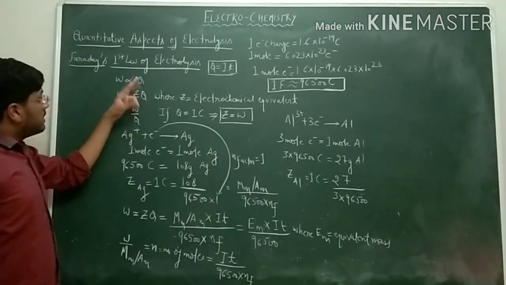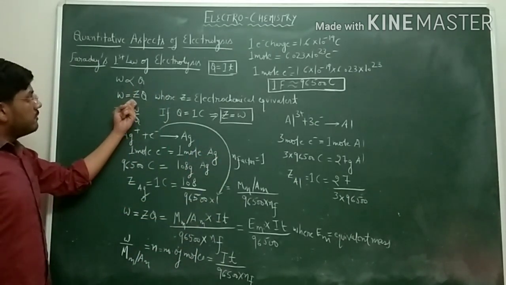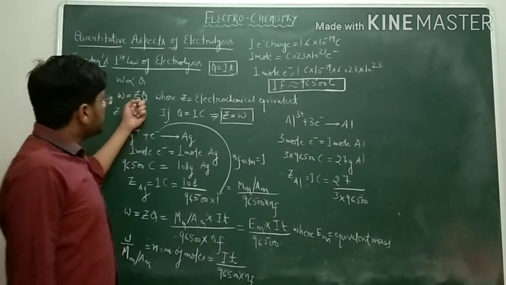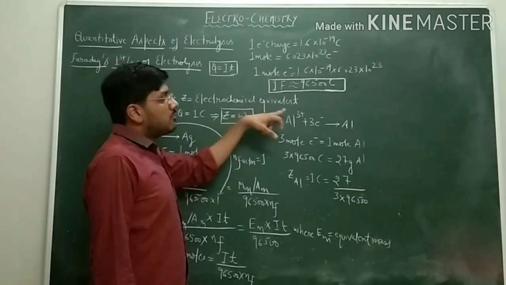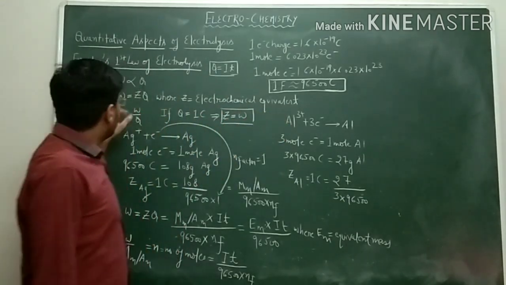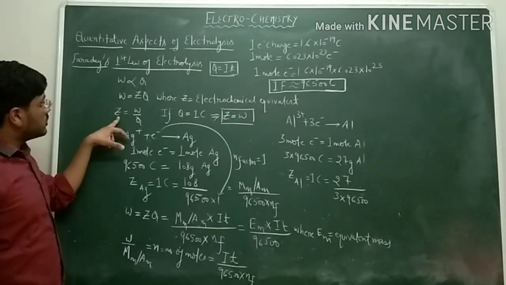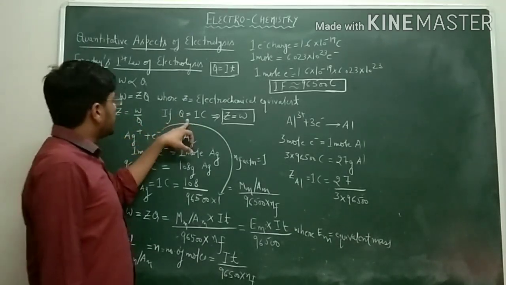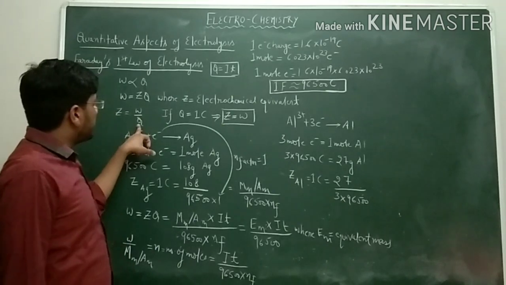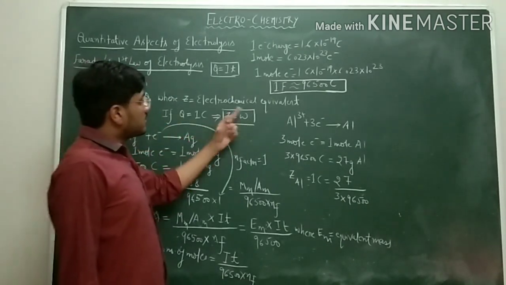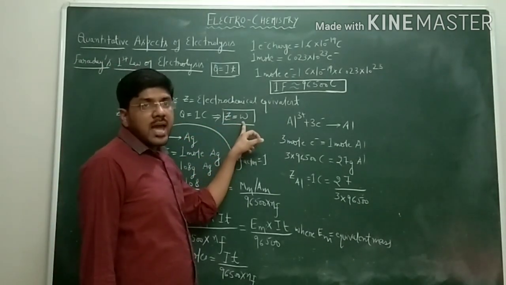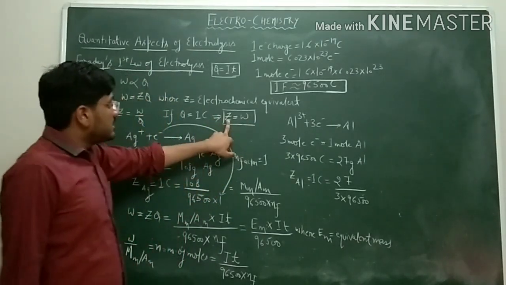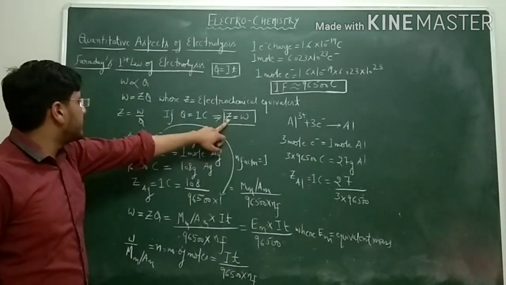To replace the proportionality sign we need a constant, here Z. Z is the electrochemical equivalent, the ratio of W by Q. If we take the charge as 1 coulomb, then the weight of material deposited at the electrode is equivalent to Z, the electrochemical equivalent.